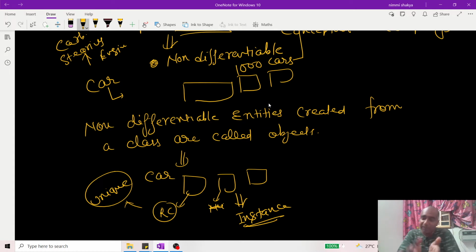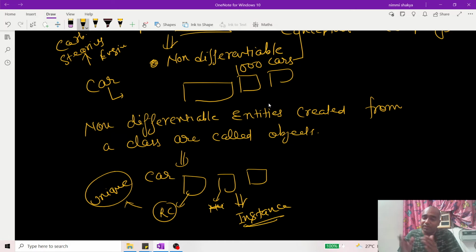Because this has only been created based on the template, right? But when it comes to the market, then that car will have an owner, right? So to make a particular person the owner of a car, you need to identify that car with a specific number so that it can be differentiated from the other cars of the same model, of the same type, because all the cars from outside will look similar.